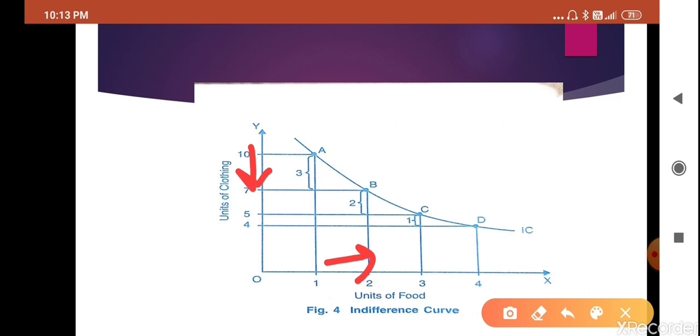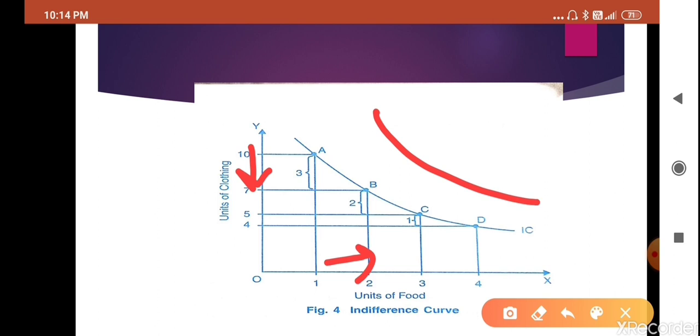In that case also the demand curve was downward sloping, and the same is the case with the indifference curve, because these two commodities x and y have an inverse relationship. If the consumer is increasing 1 unit of x, then he has to sacrifice 2 or more units of commodity y. That's why indifference curves always have a downward slope.